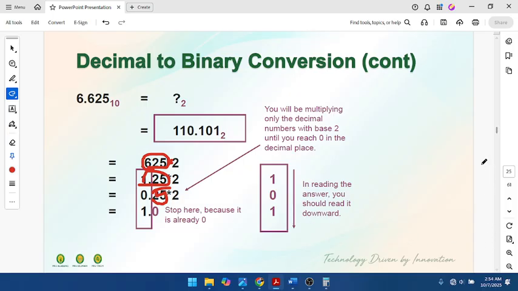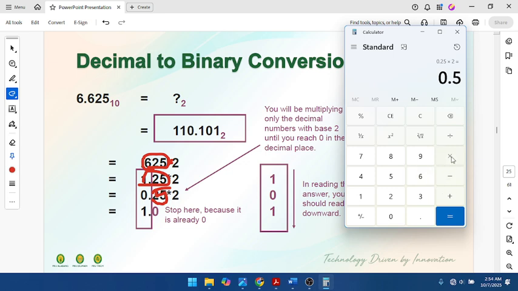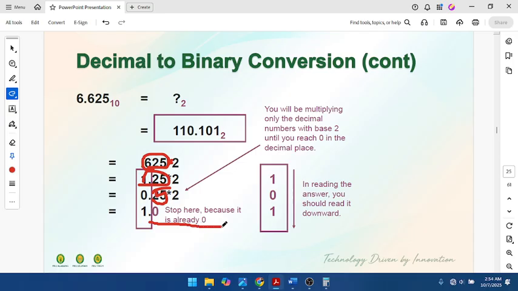And now 0.5 times 2, we have 1. Okay? And since wala na po siyang decimal points, you have to stop it here. So now, let's read it. 101. So ito yung answer.